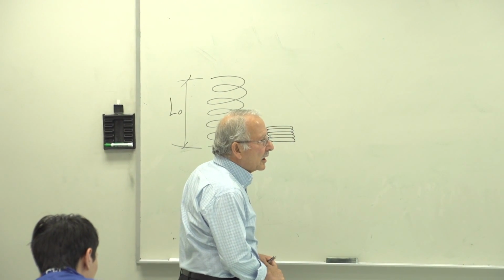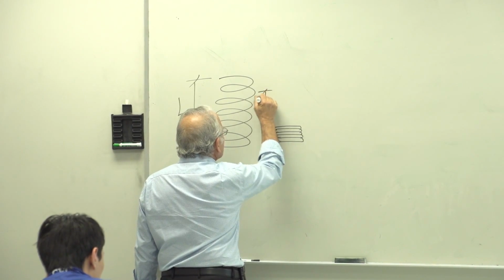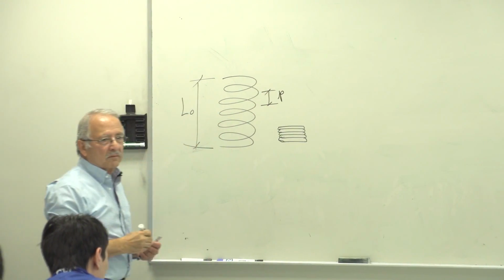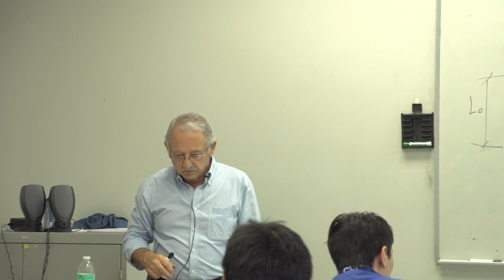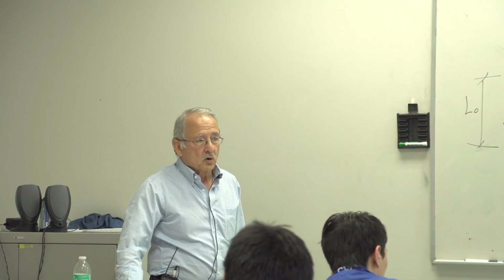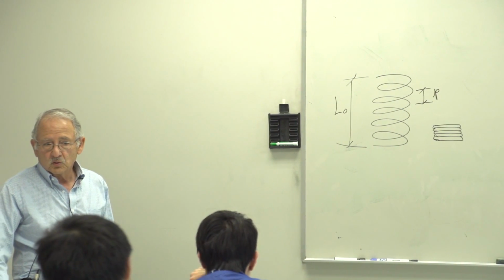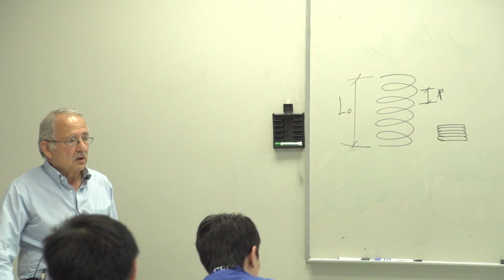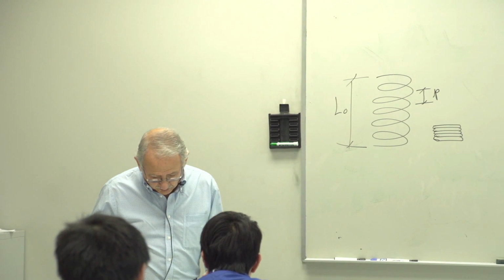Free length, solid length, pitch, as you would expect. The distance between a point or similar points on adjacent coils. It's called the pitch. Very similar to the pitch in threads, in bolts. Any questions?